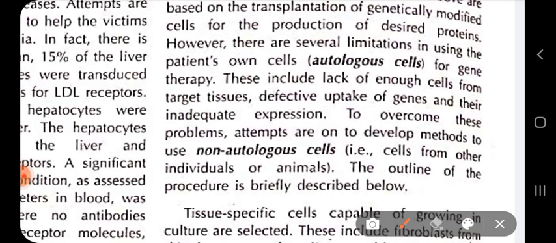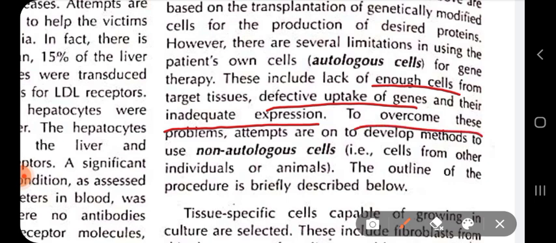But some limitations are there, like lack of enough cells. We don't get enough cells from the target tissues. Defective uptake of the genes means most of the cells are not able to take up the normal genes. And inadequate expression, they are not able to express those genes properly.